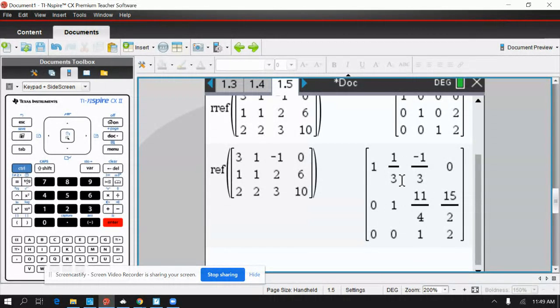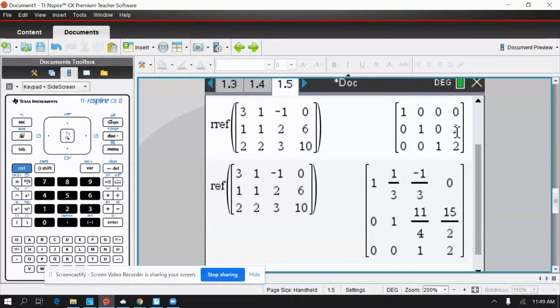The numbers above it are not zero, but this is the approach I want to take because it helps us practice how we do this. And this is definitely a test question, to get to the REF form, the Gaussian form. Then we're going to solve for x, y, and z. But again, x is 0, y is 2, z is 2. So with your calculator, you will know if you're right or wrong right off the bat.